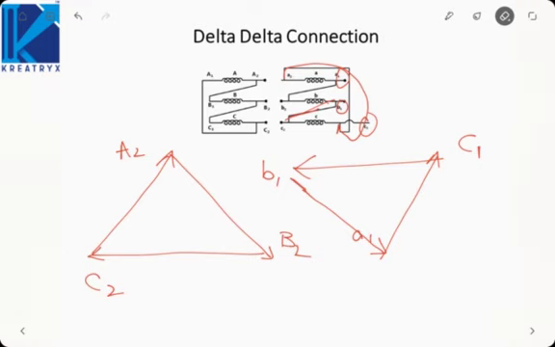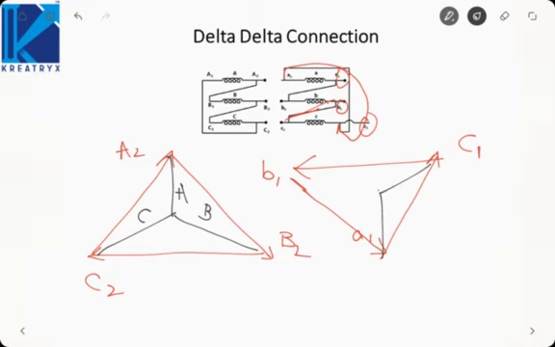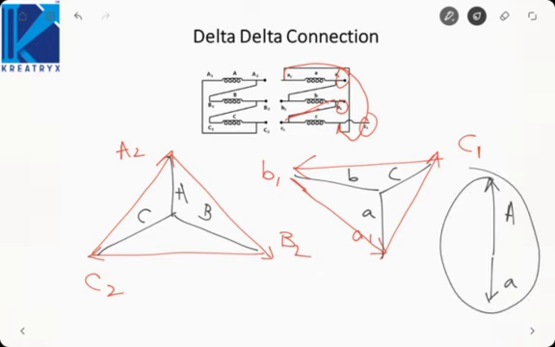Now let us draw the reference phasor, A, B, C. Here we will draw reference phasor. This will be A, B, C. Now if we draw on a clock, A is like this and small a is like this. That means it is as if the clock is showing 6 o'clock.